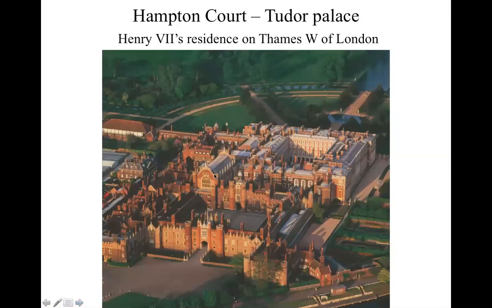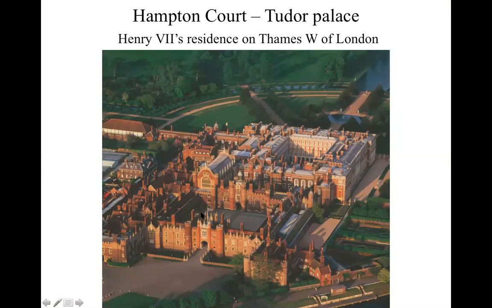Tudor architecture. We looked at Henry VII's chapel. Of course, Henry VIII, very famous for all sorts of reasons, not always all of them good ones. This is Henry's great palace, actually, which he took over from his chancellor, out at a place called Hampton Court, down the Thames, west of London on the Thames.